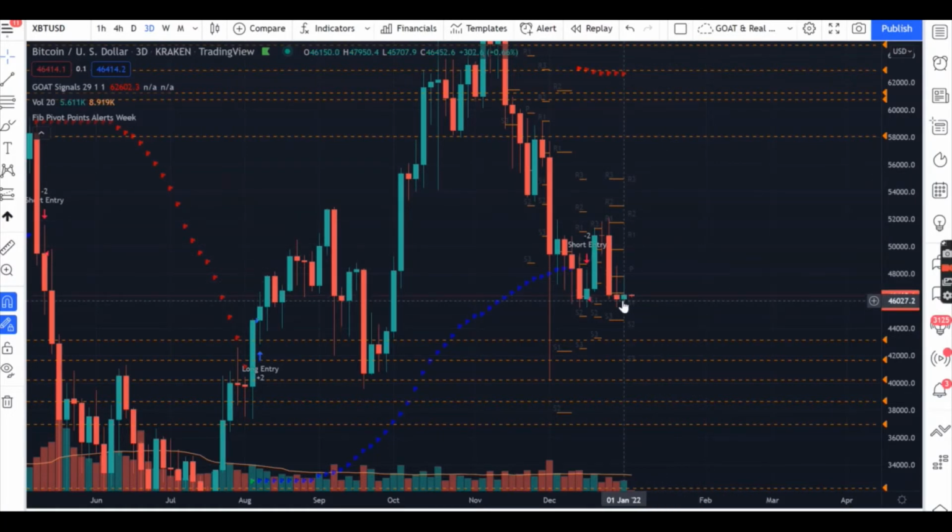So that being said, I forgot to mention, I bought some Bitcoin just because of this inverted hammer, 2 of them back to back. So today I did buy Bitcoin. I didn't buy a whole bunch of it, but I bought it right around the $45,500 range.